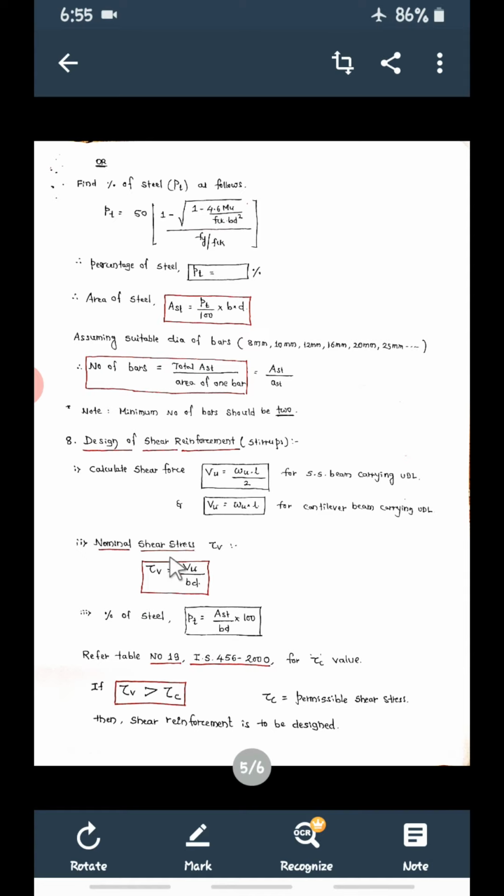Next, you have to calculate the shear stress. Shear force is known. Stress is equal to force divided by area.